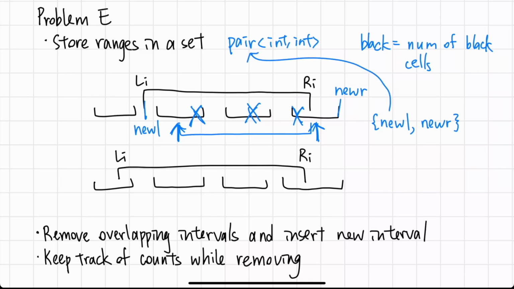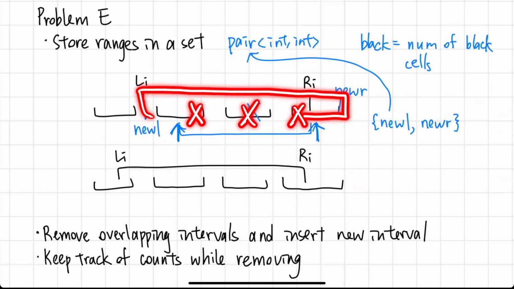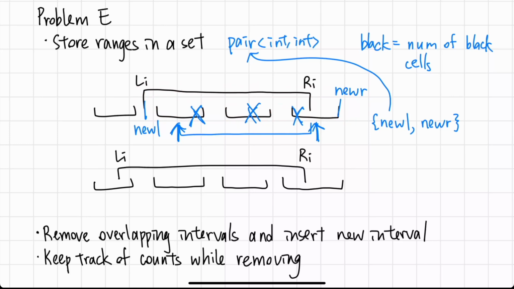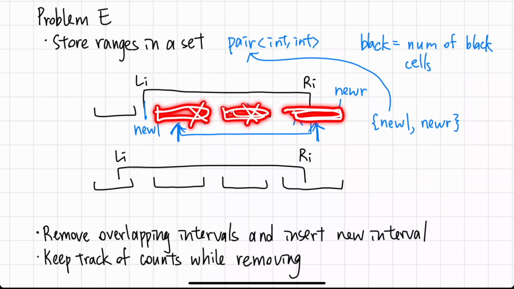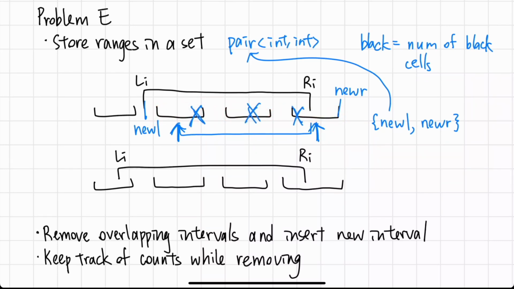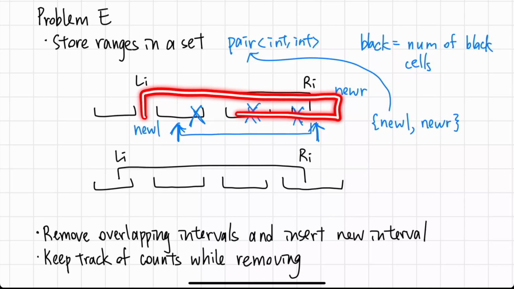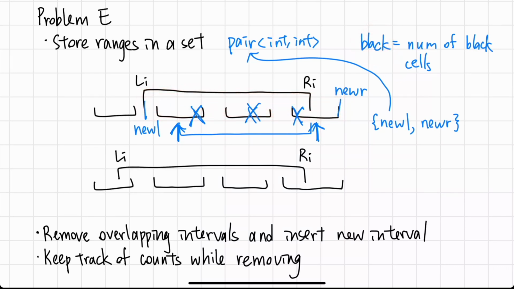So we would insert it back into the set after we've removed all these intervals, because they are already covered by this one, and we would merge all of these intervals together. When we erase these intervals, we would subtract the number of cells in these ranges, and then we would add back this whole new merged interval into the variable black. This way we can keep track of the current number of black cells that we have.